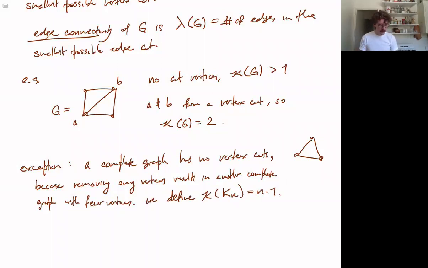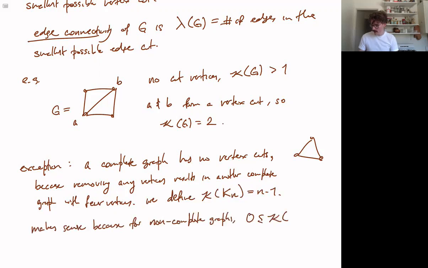And this is a reasonable thing to do, because for non-complete graphs, which is to say all other graphs, the vertex connectivity is going to be between 0 and n minus 2.